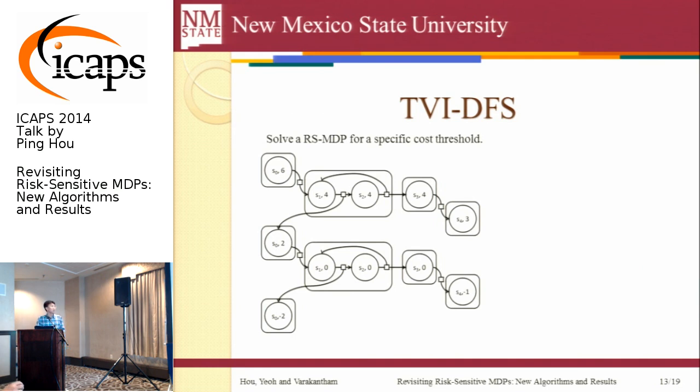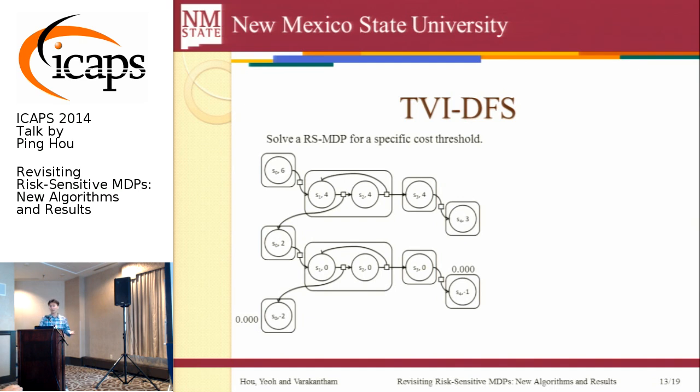Now we introduce our first algorithm, TVI-DFS. We call it TVI because it is essentially the same as applying topological value iteration, which is another algorithm for MDPs, to the augmented state space. I want to show the process to calculate it. At the beginning, for all the states with negative cost threshold, of course, the reachable probability is 0.